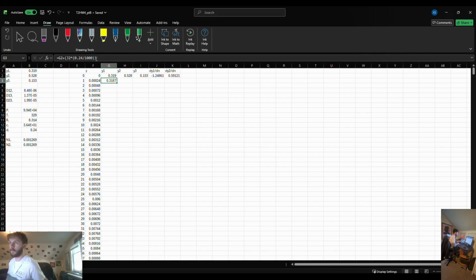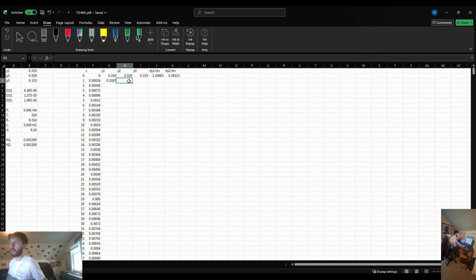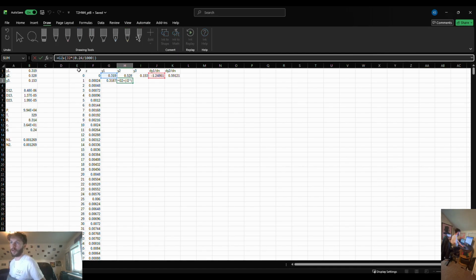And that'll essentially be the same for the acetone, except it'll just be the previous mole fraction of our acetone and our scaling factor for our acetone.